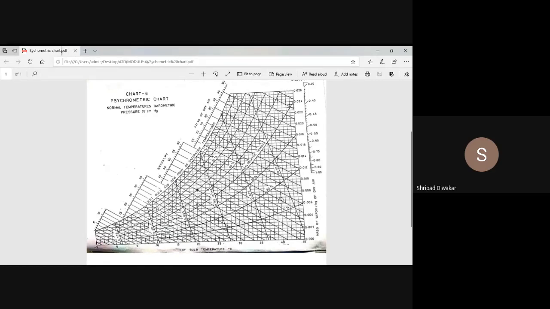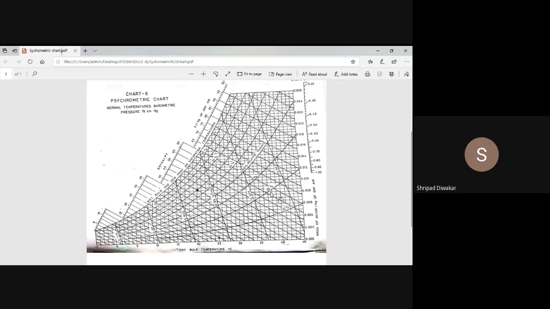Wet bulb temperature is the temperature of the moist air. How do we measure it? We cover the bulb of the thermometer with a wetted cloth and expose it to the atmosphere.